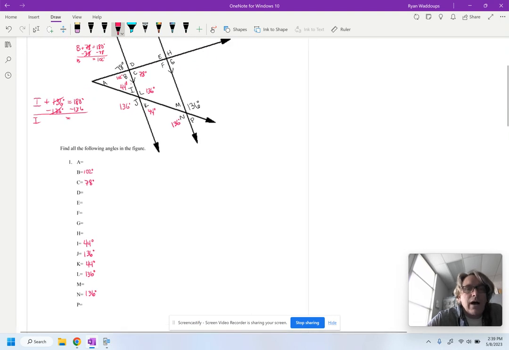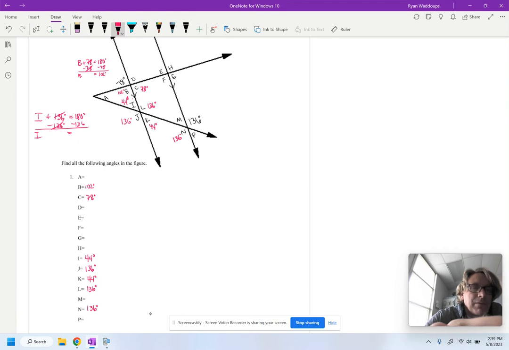And now I can see that A plus B plus I, because they're the angles of a triangle, would add to 180. So now I can add those. A plus 102 plus 44 equals 180. And 102 plus 44 would be 146, so A plus 146 equals 180. And then I subtract 146 from both sides.